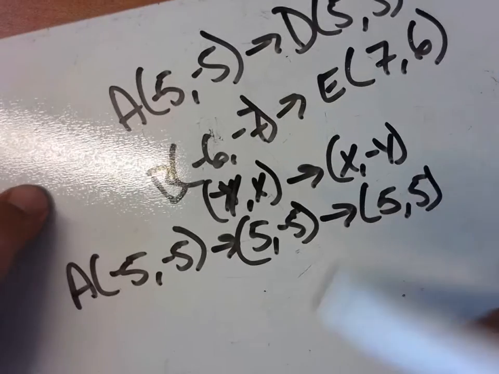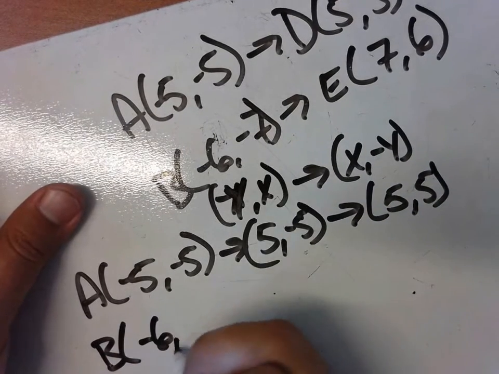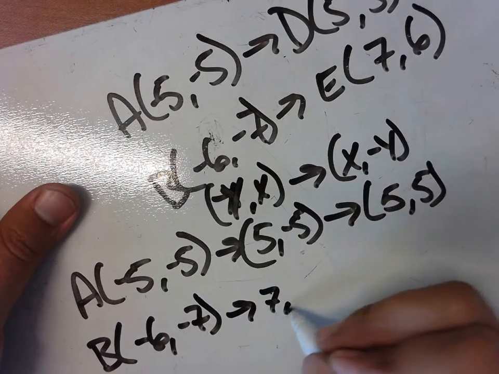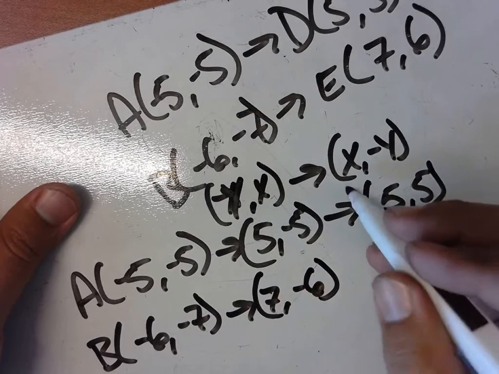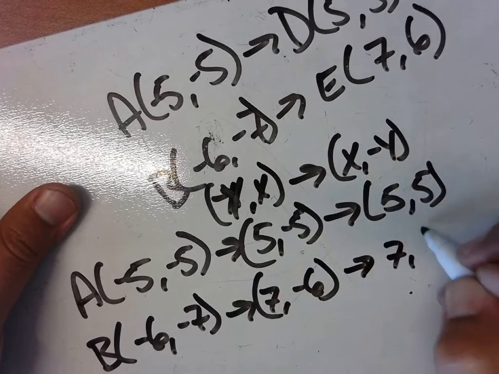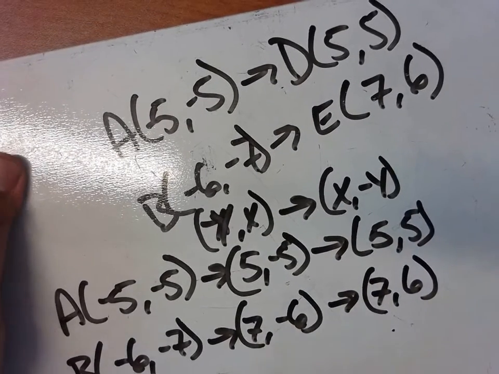So it worked for A, but you have to do a minimum of 2. -6, -7. Doing the rotation becomes 7, -6. Doing the reflection across the x becomes 7, 6, which is what it's supposed to be, so A does work.